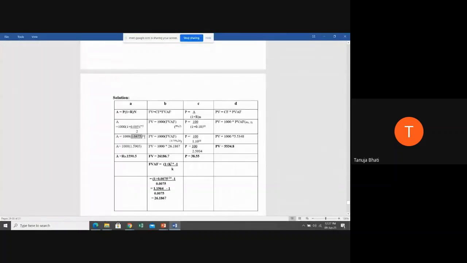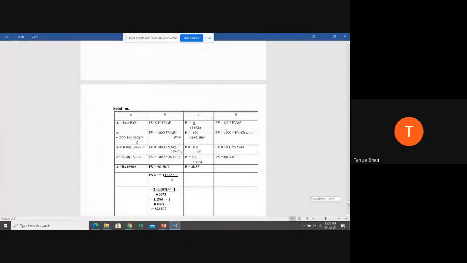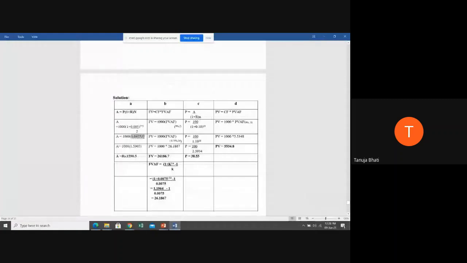Yes, ma'am. We can use table. No, dear, the percentage is 9.5%, right? Correct. So table cannot be used since it is in decimal. So you have to use your calculator. So use your scientific calculator.